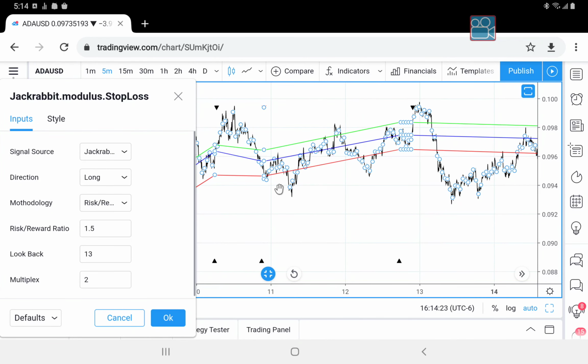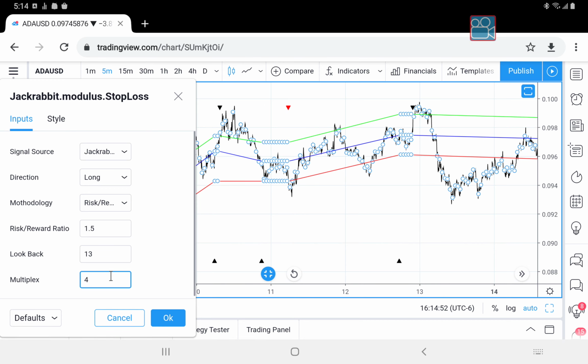Now, the multiplier is a derivative of the ATR times this factor to create a boundary scope. The look back, of course, is how many candles it looks back to determine this gap. The bigger the gap, the bigger the multiplier, the more risk.